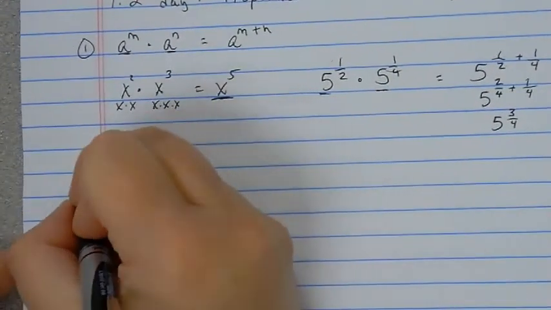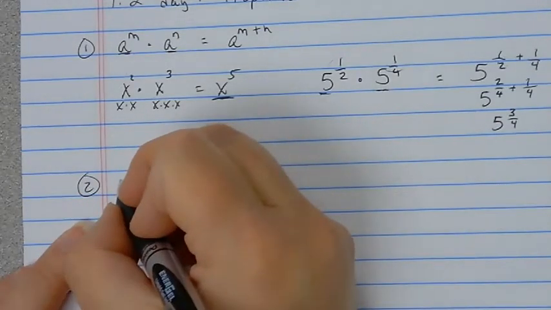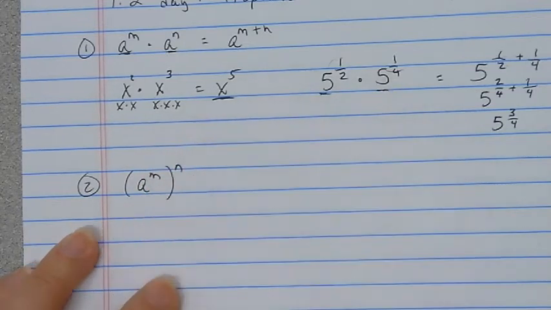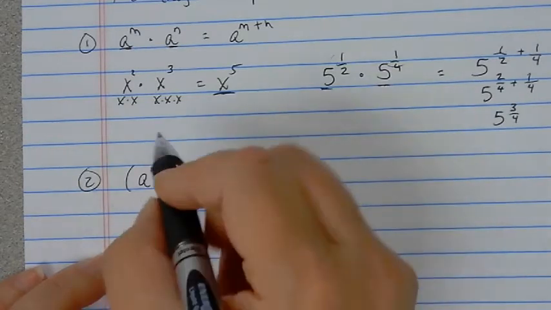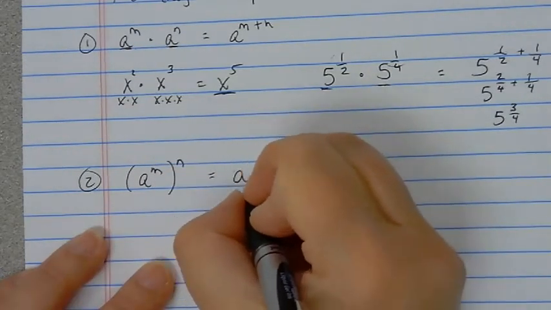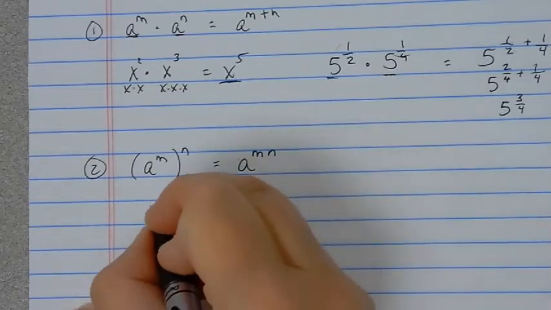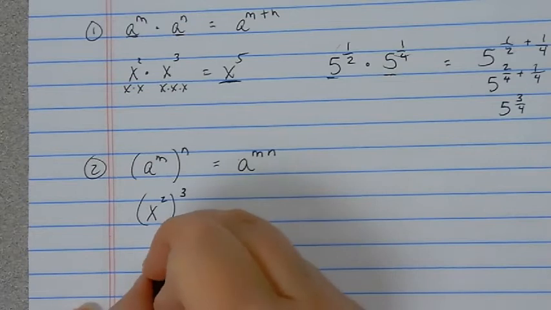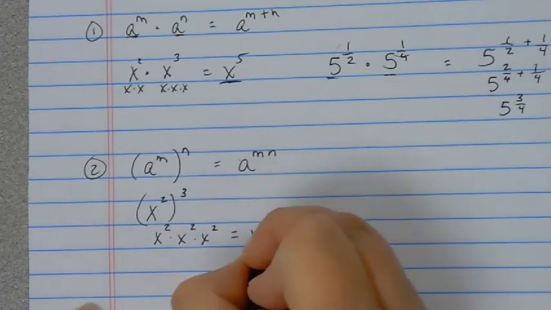Okay, let's look at the second property. The second property is a power of a power. So you have something to a power raised to another power, and whenever you have that, you multiply. So this would be the same thing as a to the m times n. We've done that before with something like x squared to the third power, and we know that's x squared times x squared times x squared, which is x to the 6th.